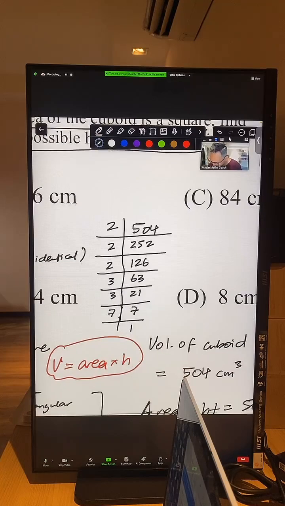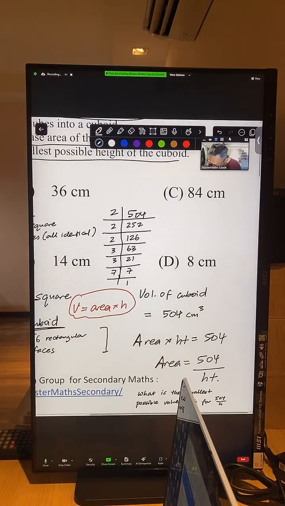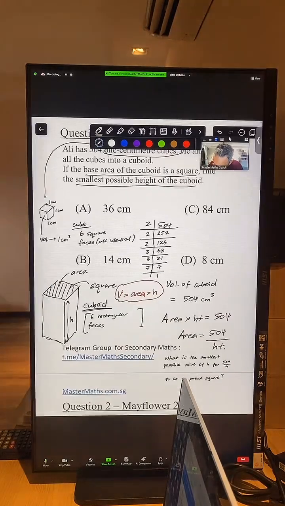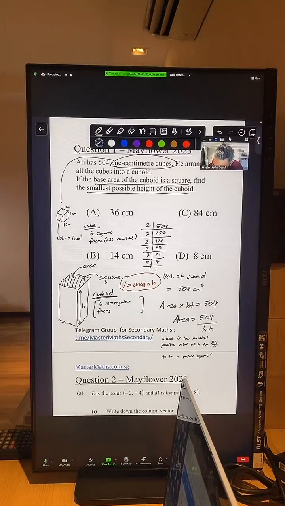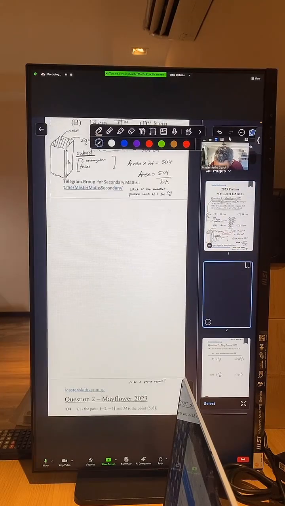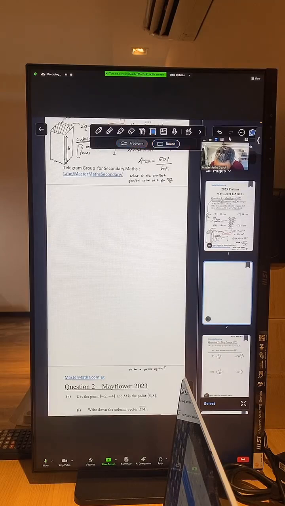So your 504, no space, let me open up another page. Add page. So this one here, let's bring this up here.